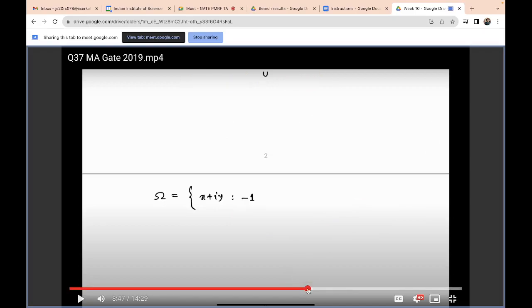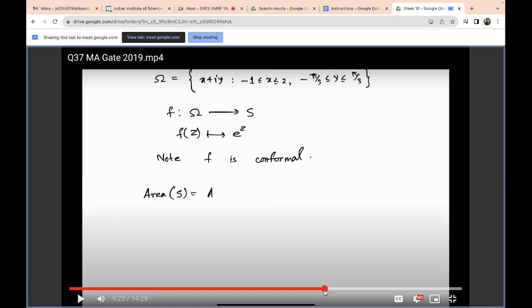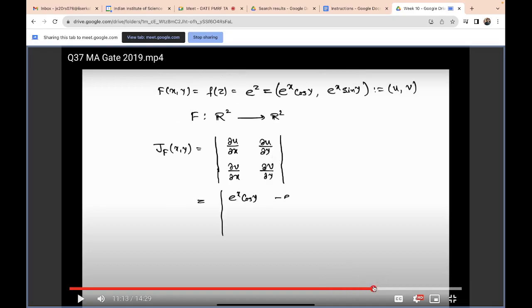For that you can also use the Cauchy-Riemann equation, because in the Jacobian part, since f is holomorphic, the Jacobian is the same as mod f dash z square using the Cauchy-Riemann equations. Using Cauchy-Riemann, ux equals vy and uy equals minus vx. If you use the Cauchy-Riemann equations here, you get mod f dash z square.